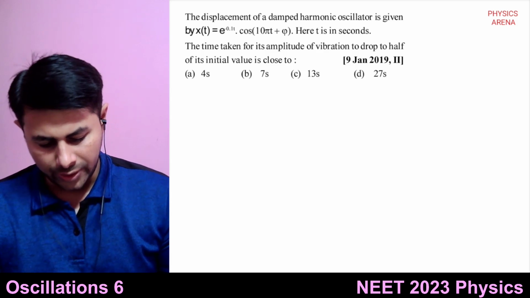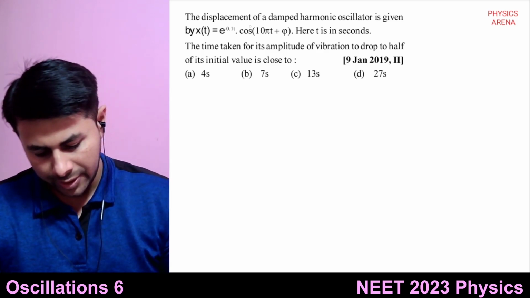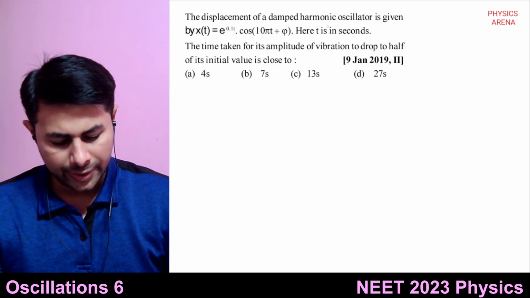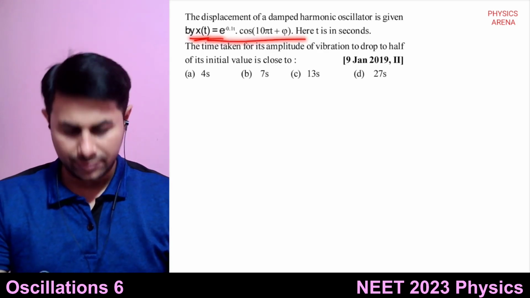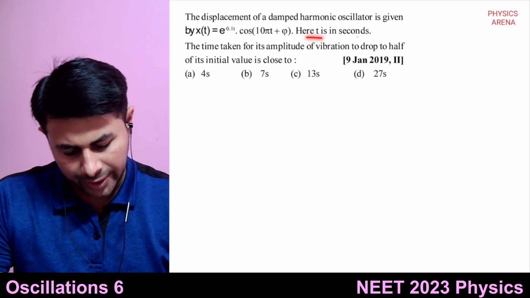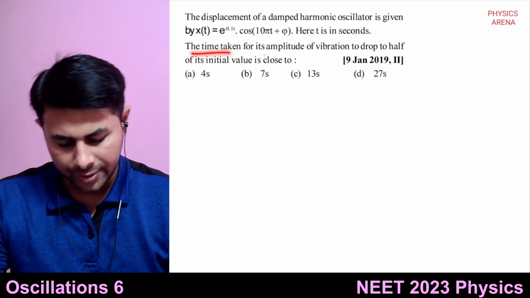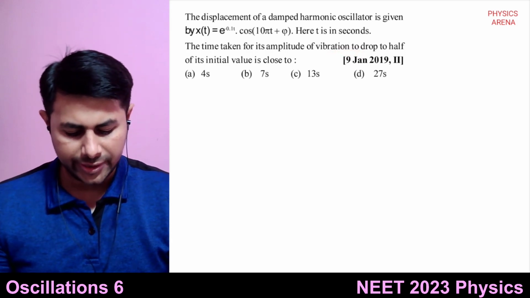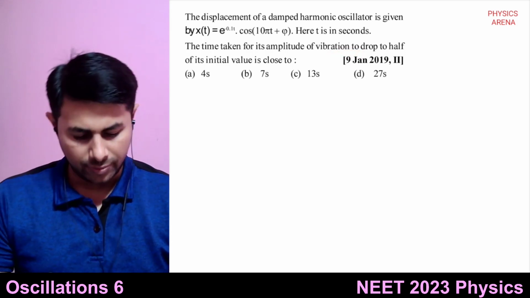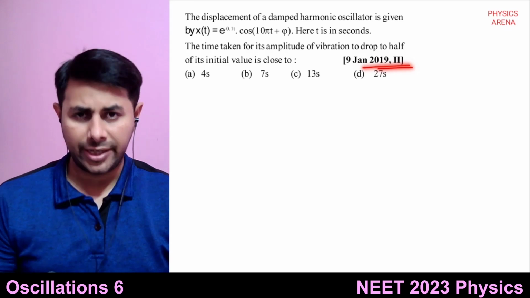Okay, let's see next question. The displacement of a damped harmonic oscillator is given by this equation. Here t is in seconds. Time taken for its amplitude of vibration to drop to half of its initial value is close to. This is from JEE.